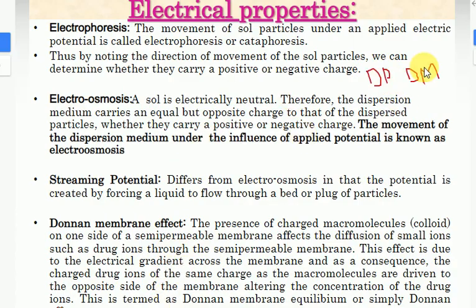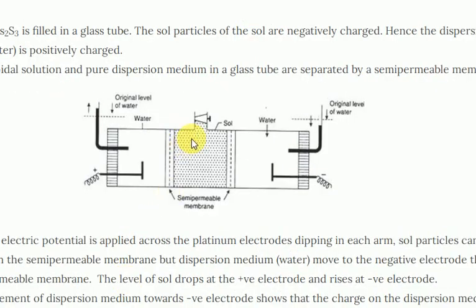In electrophoresis, the dispersed phase particles move. In electroosmosis, the dispersed phase particles are neutral, and the dispersion medium particles move. Clear? The dispersion medium carries an equal opposite charge to that of the dispersed phase particles, and the dispersion medium will move. This is called electroosmosis.